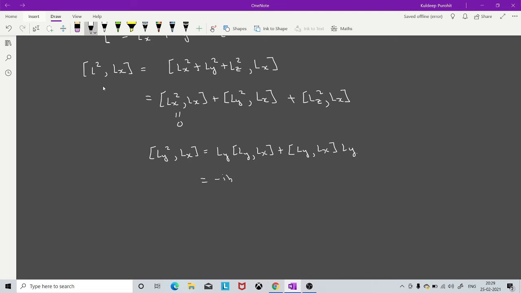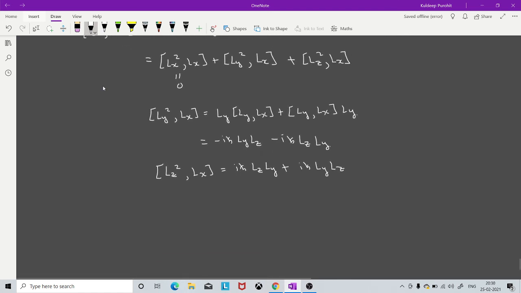So this will be minus iħ Ly into Lz, plus minus iħ Lz into Ly. And Lz square comma Lx will come out to be iħ Lz into Ly plus iħ Ly into Lz.